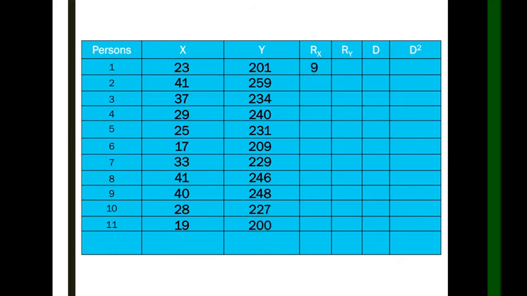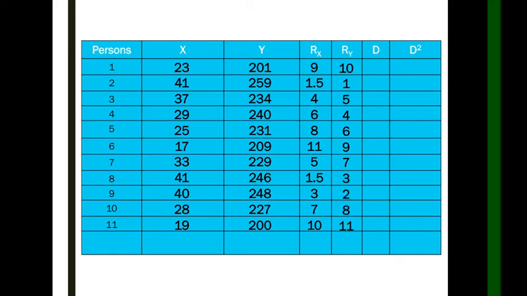Now, for the ranks of X, we have 9, 1.5, 4, 6, 8, 11, 5, 1.5, 3, 7, and 10. For the ranks of Y, we have 10, 1, 5, 4, 6, 9, 7, 3, 2, 8, and 11.